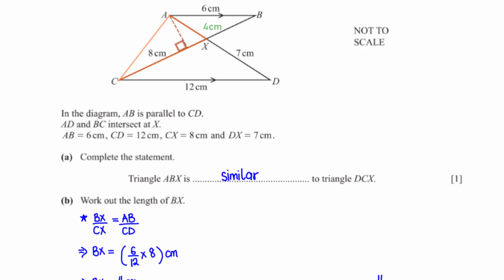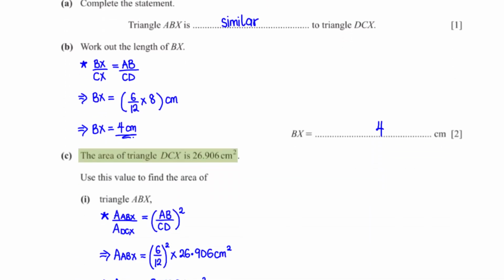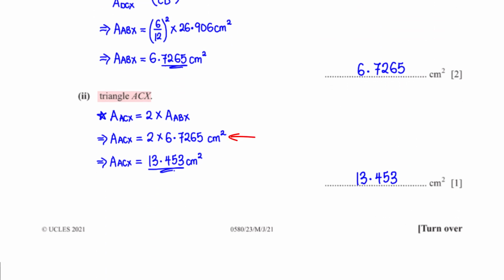So based on area equals half base times height, since the height stays constant and the base for ACX is double that of ABX, the area of ACX is also double that of ABX. Therefore, the area of triangle ACX is 2 times 6.7265 centimeters squared, which gives us 13.453 centimeters squared.